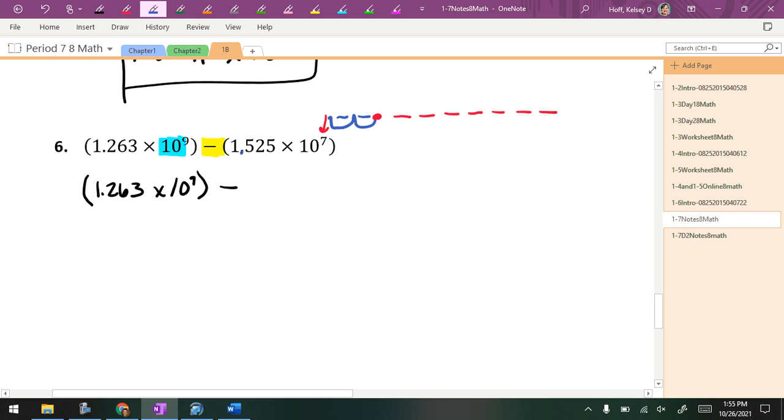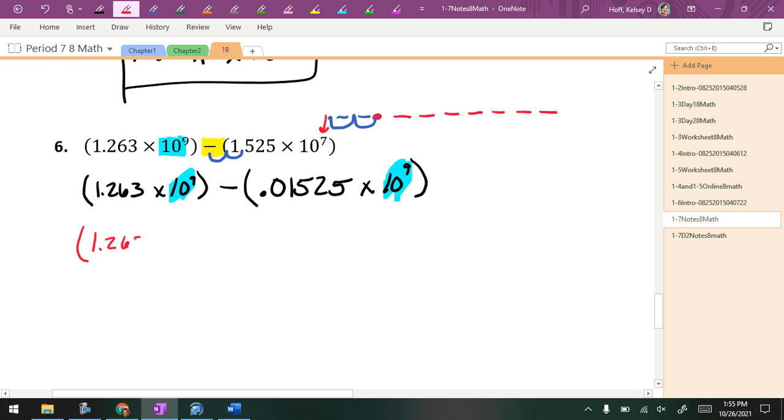So if I move it to the left twice, my number really becomes 0.01525 times 10 to the ninth. Winner, winner, chicken dinner. We have 10 to the ninth, so we can rearrange this. 1.263 minus 0.01525.